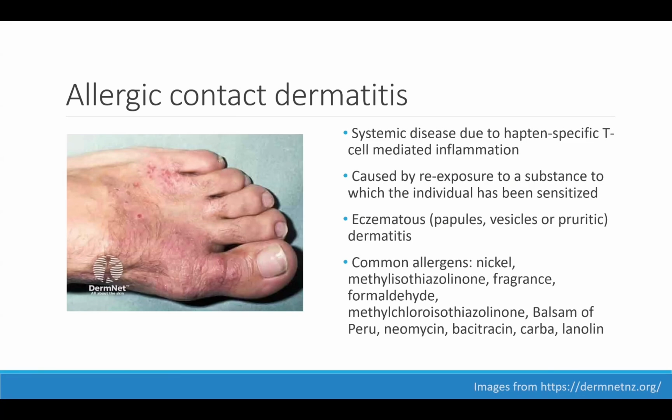Patients typically present with an eczematous dermatitis in which they have itchy papules or vesicles. Common allergens include nickel, methyl isothiazolinone, fragrance, formaldehyde, methyl chloroisothiazolinone, balsam of Peru, neomycin, bacitracin, carba, and lanolin.